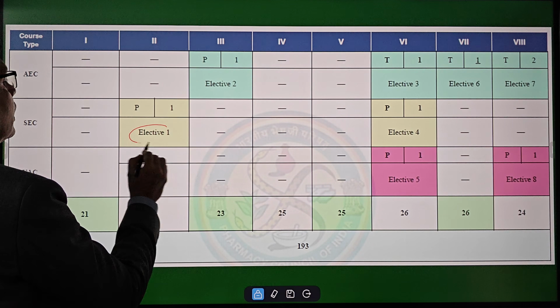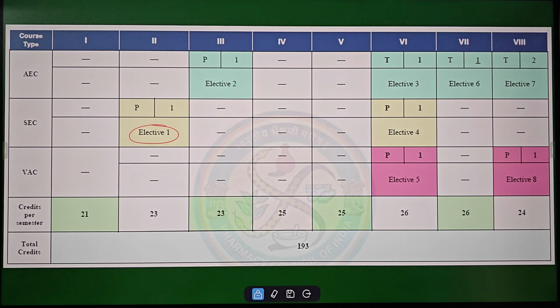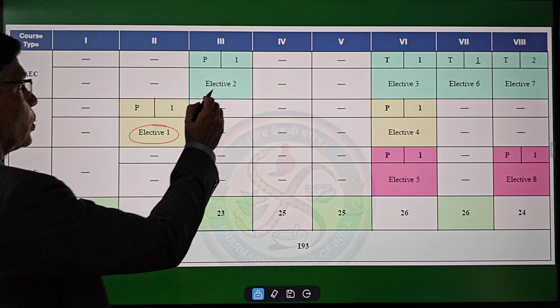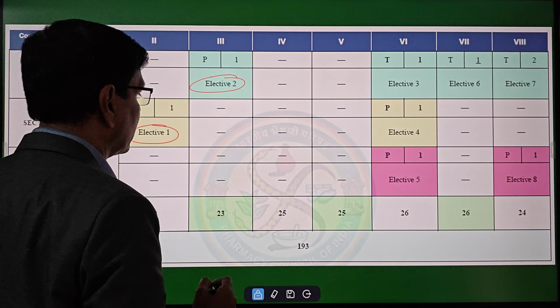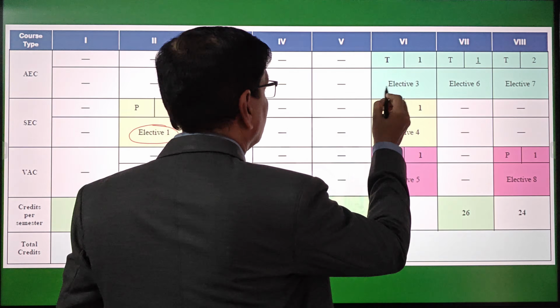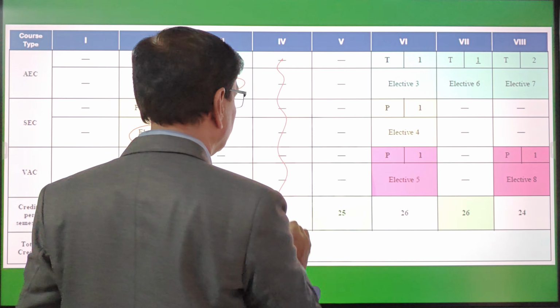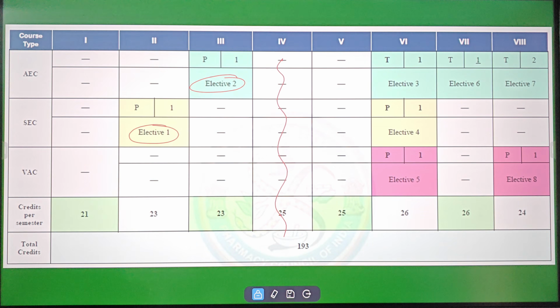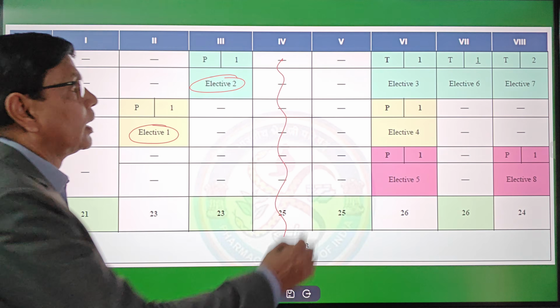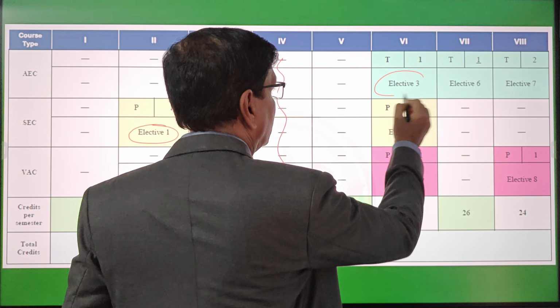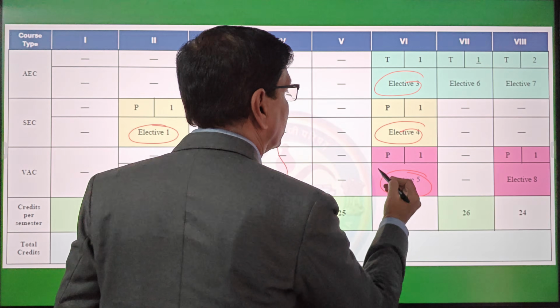For example, elective 1 is introduced for the second semester, elective 2 is for the third semester, and again there are no elective courses for the fourth and fifth semesters, and for the sixth semester we have the third elective, fourth elective, fifth elective.